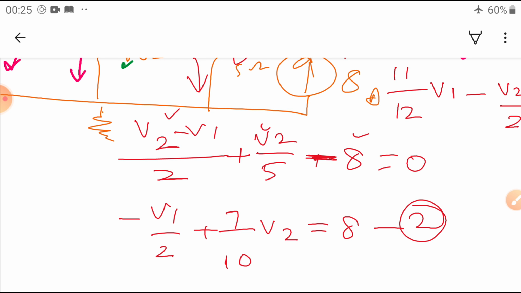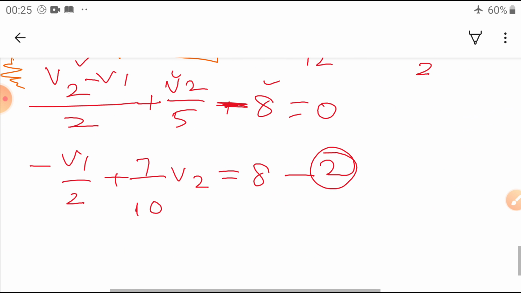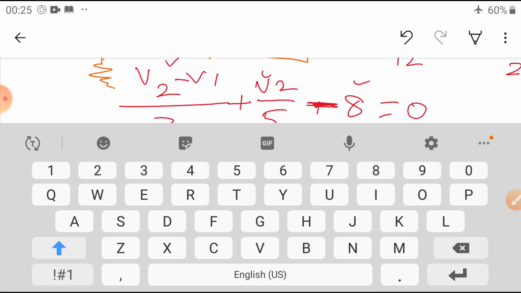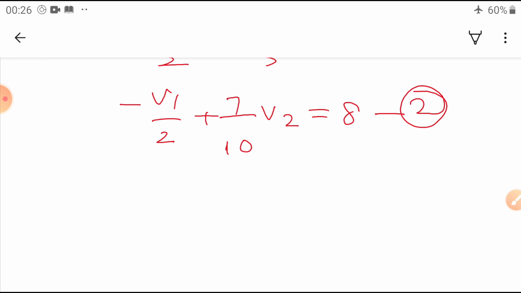So the first equation gave us this value, and the second equation gave us this value. Based on this, write it in matrix form.